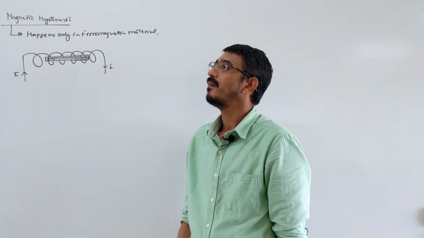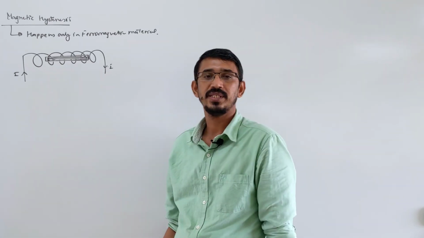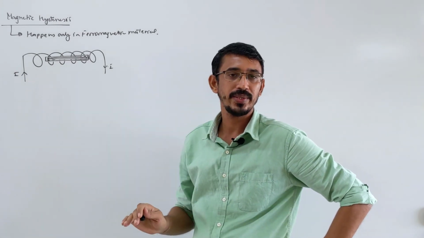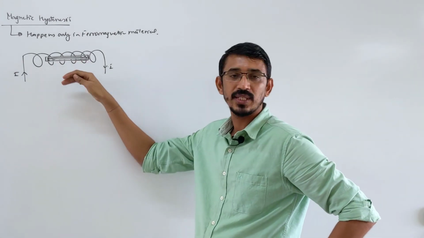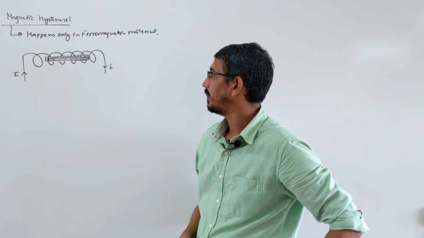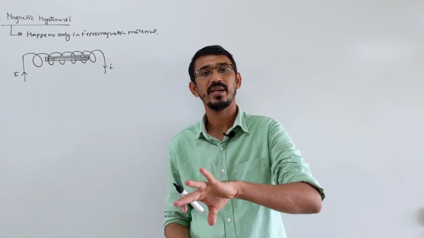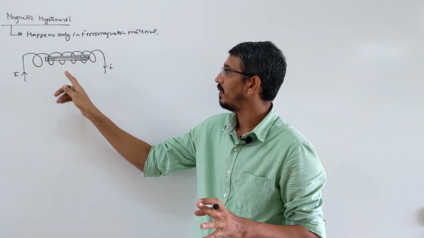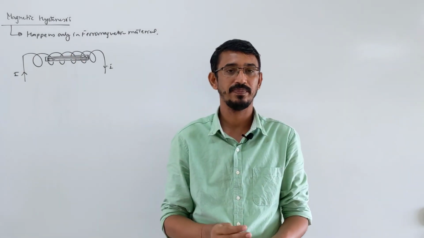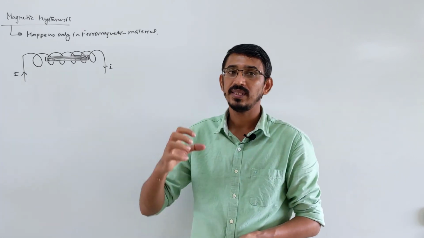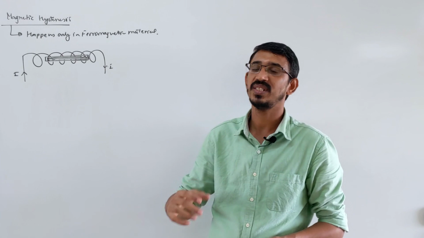Now you want to demagnetize this, so you reduce the current. The magnetizing field is reduced, so the magnetic field induced in this also reduces. But what happens when we frequently magnetize and demagnetize? This material will lose its magnetic properties.